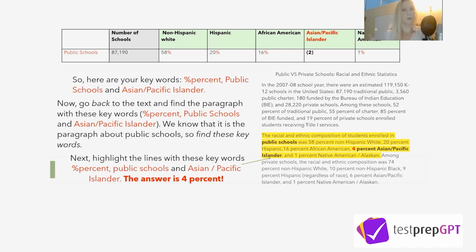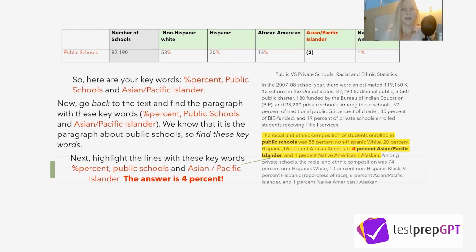We know we're looking for a percent. It's after public school, and it's under Asian Pacific Islander. So we quickly skim the text. We find the key words in the correct paragraph, right? And now we're going to scan, we're going to read the text for the answer. So let's scan it.